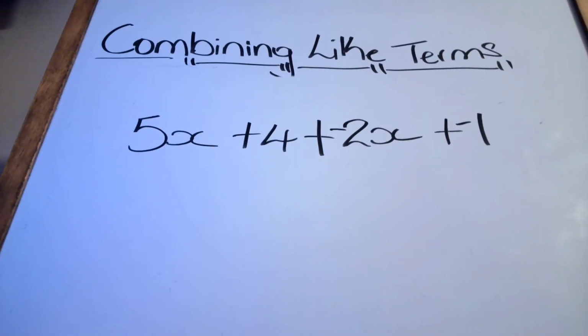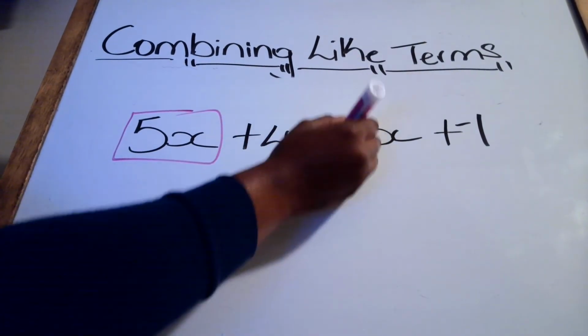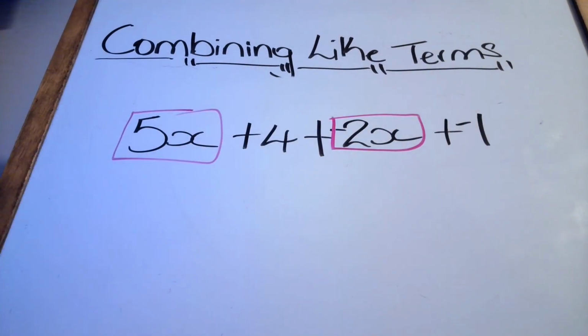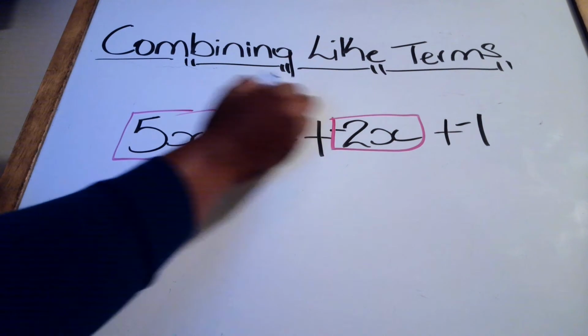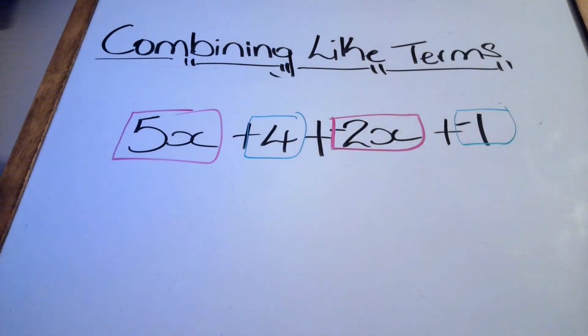Alright, so after changing all the subtraction to addition, the next thing is to identify the like terms. 5x, negative 2x are like terms. 4 and negative 1 are like terms. After identifying the like terms, I want you to combine them.